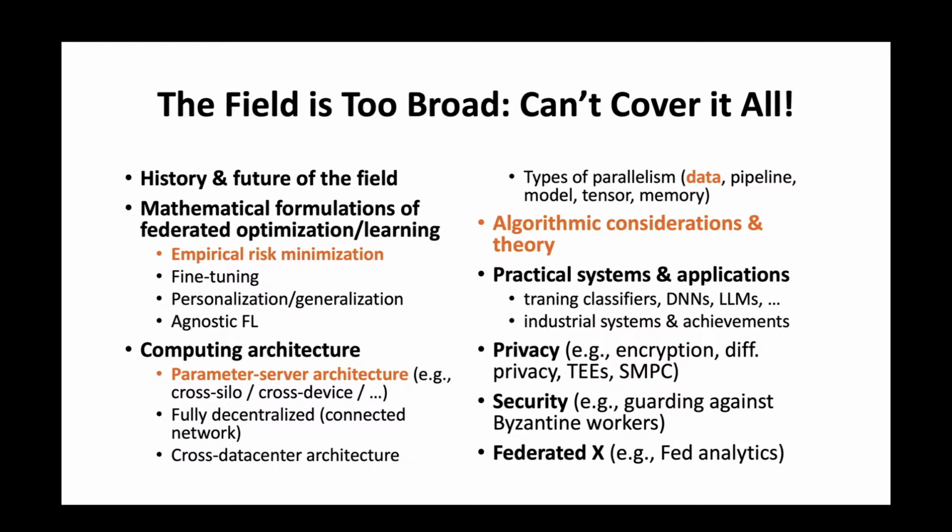So I won't talk about these fully decentralized approaches where you work over a network, but potentially this could be at some point in the future of federated learning. I will not talk about, let's say, pipeline parallelism at all, or model parallelism. I'll mention this on a few slides, but all of these things are very, very important right now. We don't have a very good way of modeling this mathematically.